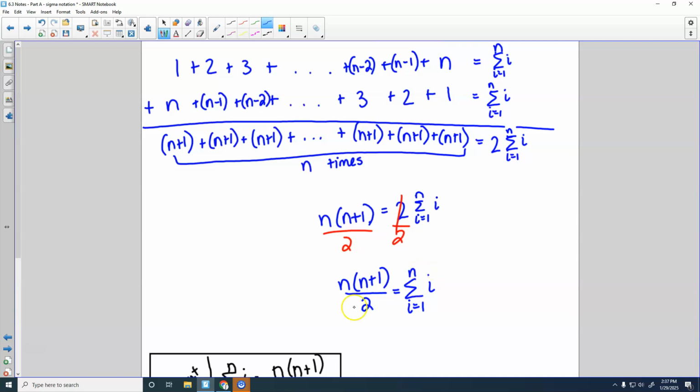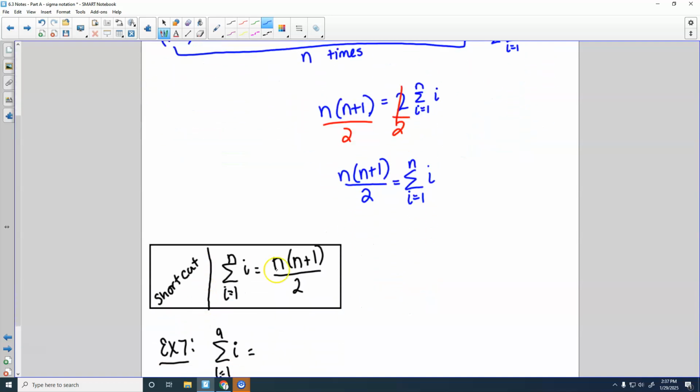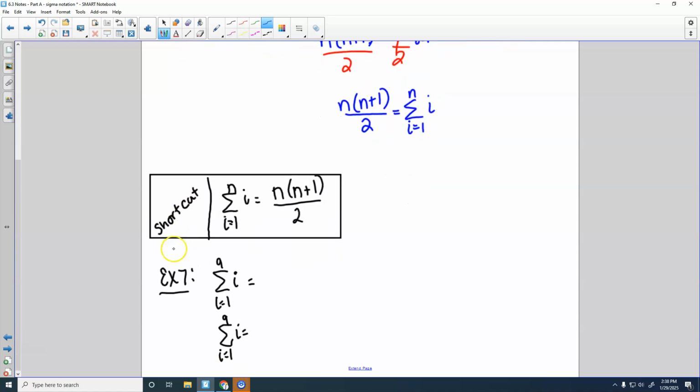And you can see that's what we've got down here in our shortcut box. Okay, so whether it's 100 or whether it's 1,000,000 or whether it's 2, we can use this formula to find the sum from 1 to that number here. So it's a shortcut for doing these problems.